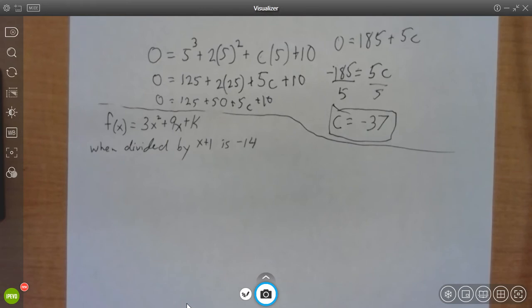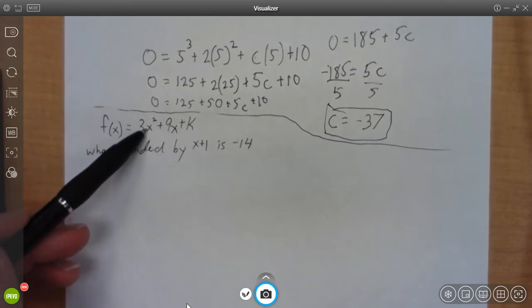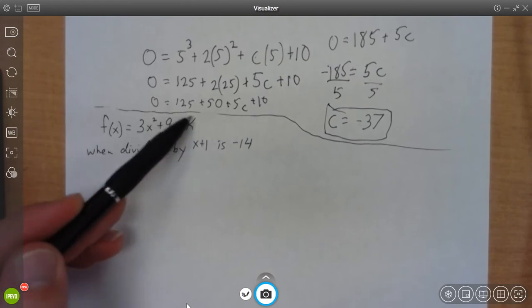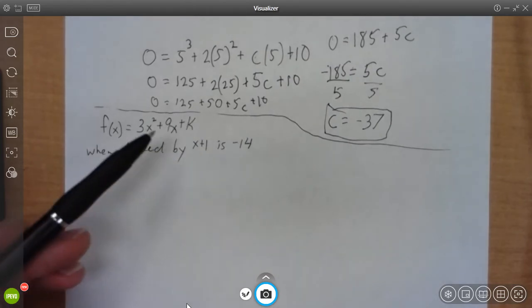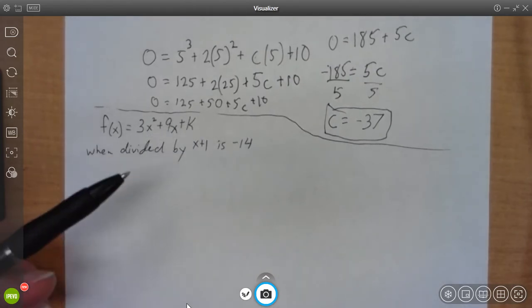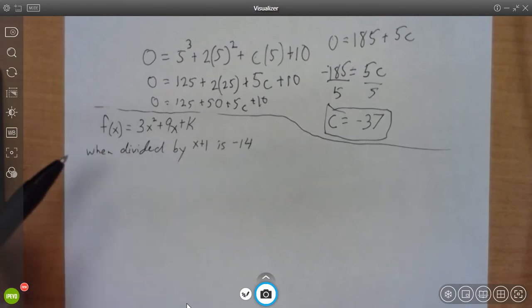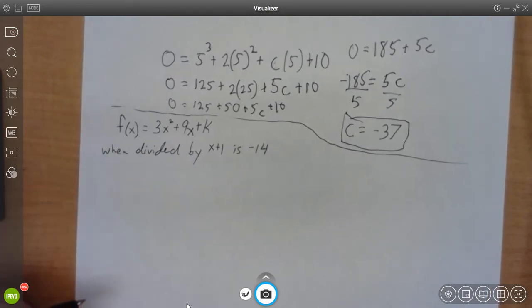So, we could either divide this by that using different values of k and seeing what value of k is going to make the remainder 14, or we can use the fact that there's a certain point located on the function.